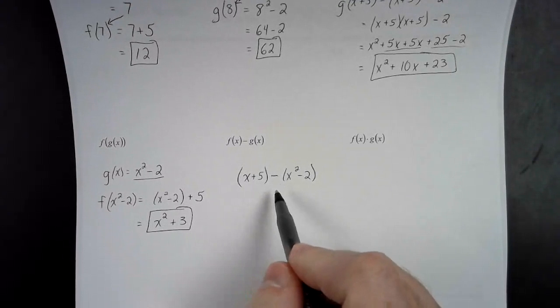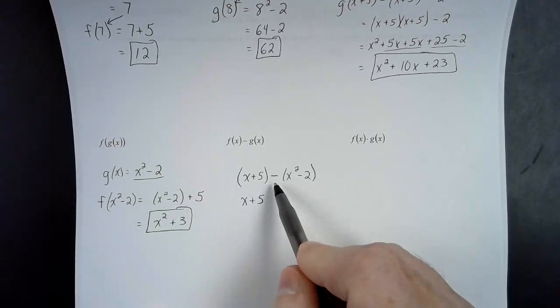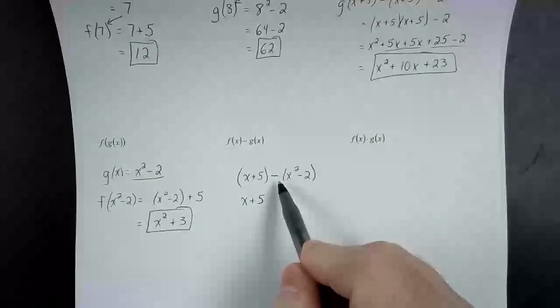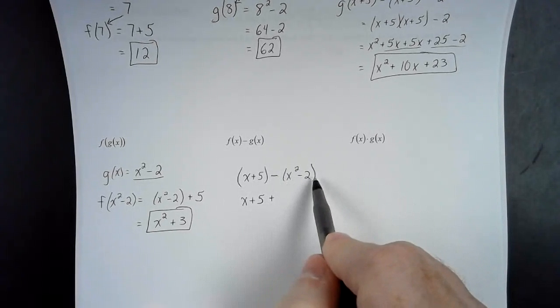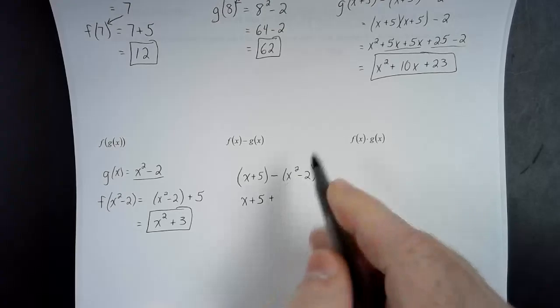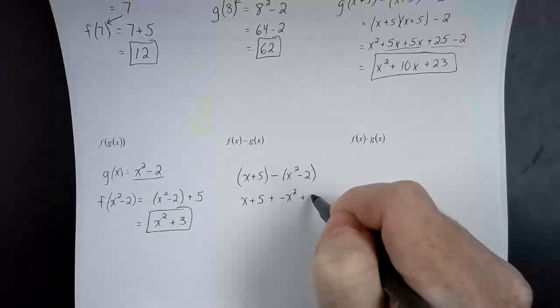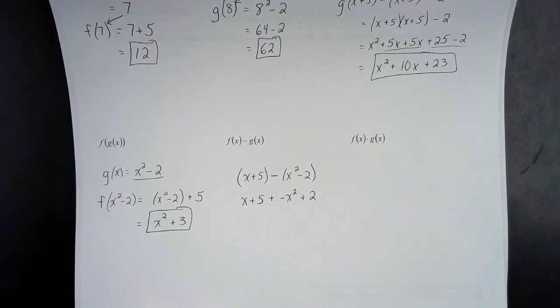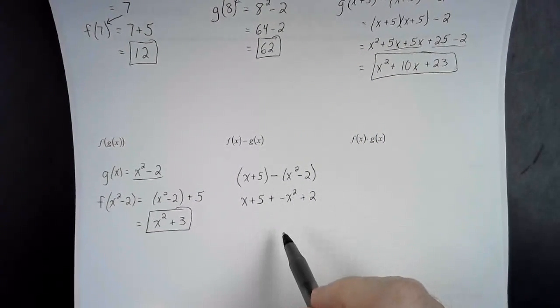We can remove the parentheses, x plus 5. Now I'm going to change that to addition. And then remember what happens, everything to the right has to switch. That becomes a negative x squared, and that will become a positive 2. And you combine like terms, put them in standard form.